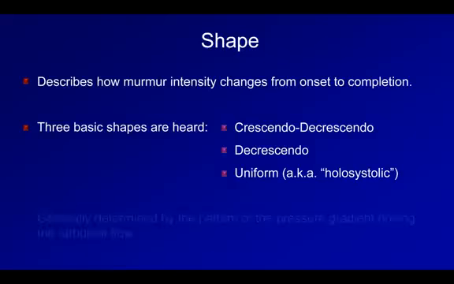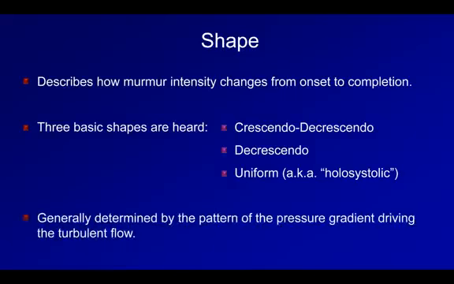The shape of a murmur is generally determined by the pattern of the pressure gradient driving the turbulent flow, with the loudest segment occurring at the time of the greatest gradient, since this will be the point of the highest velocity. Let's look at how the pattern of the pressure gradient driving the turbulent flow determines the murmur shape.